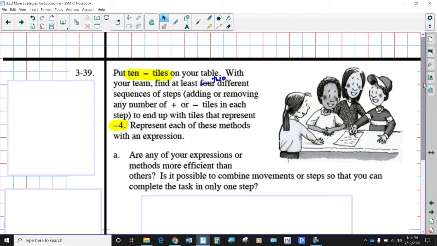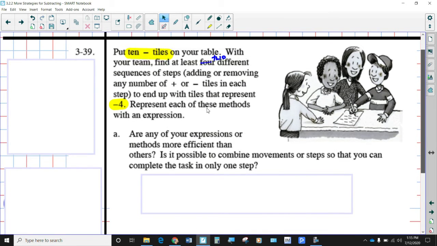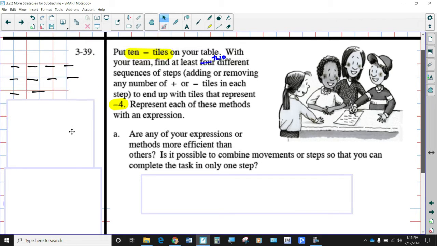This might seem a little bit confusing, so I'm just going to have you watch me as I do it, so you get the gist of it. All right, so we're starting with 10 negatives, right? And our goal is to make that equal to -4. So what would need to happen there?